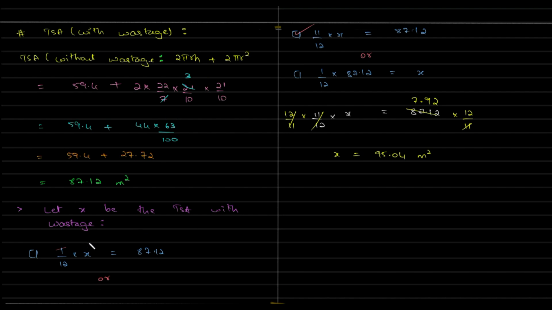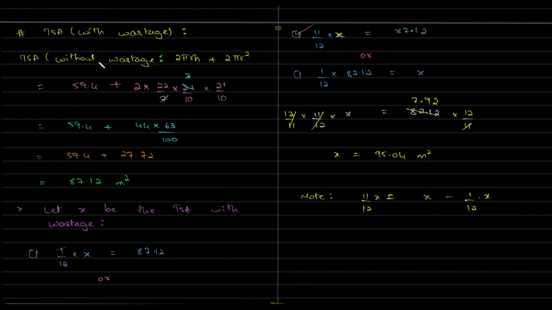Okay, so this is how you need to work things out. Understand what is given and what we need to find. We have been given what is being used at the end. So that is 11 by 12 of the actual thing. How did I get 11 by 12? I subtracted 1 by 12 from 1. So the whole idea of 11 by 12 of X is because we had X, out of which 1 by 12th was wasted.